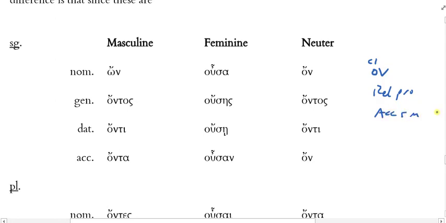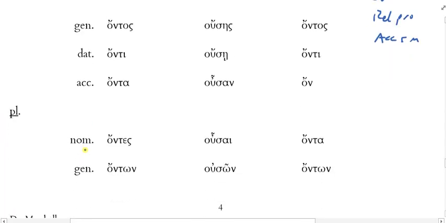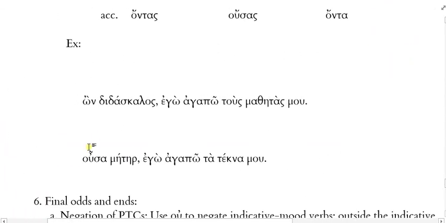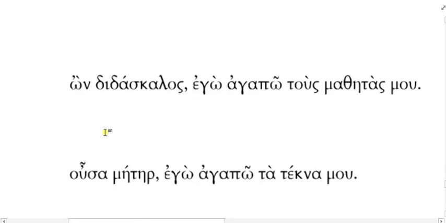Hos, he, ho are the relative pronouns in the nominative singular, and hos becomes hon in the accusative masculine singular. Okay? But what kind of breathing mark is that? That's a rough breathing mark. Remember, the relative pronouns will have that rough breathing mark. This has smooth all the way through. Smooth, smooth, smooth.